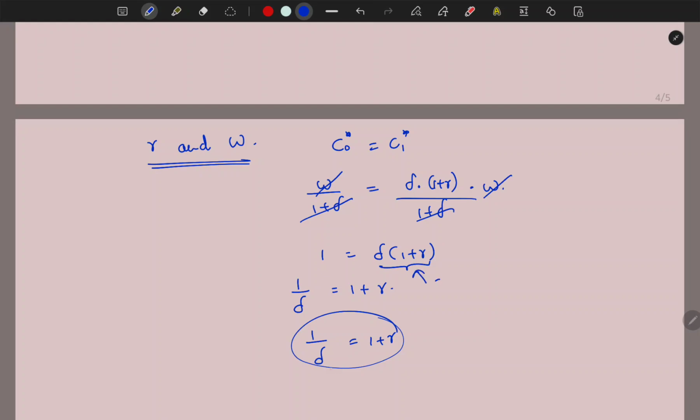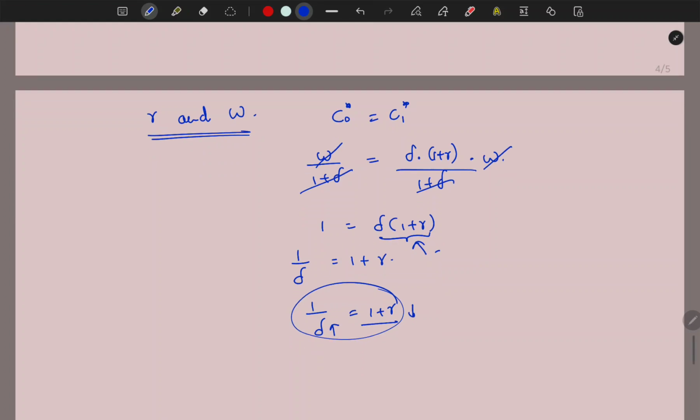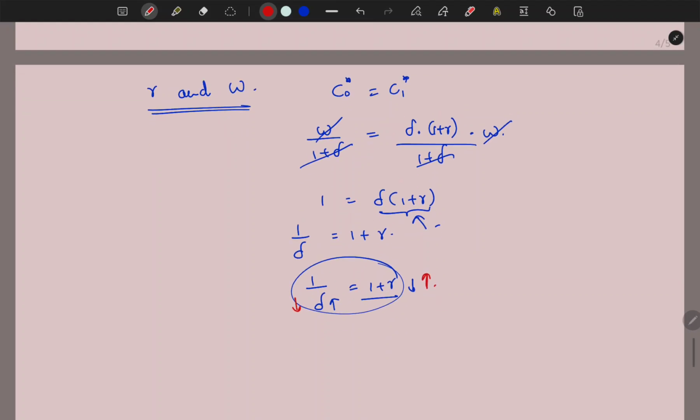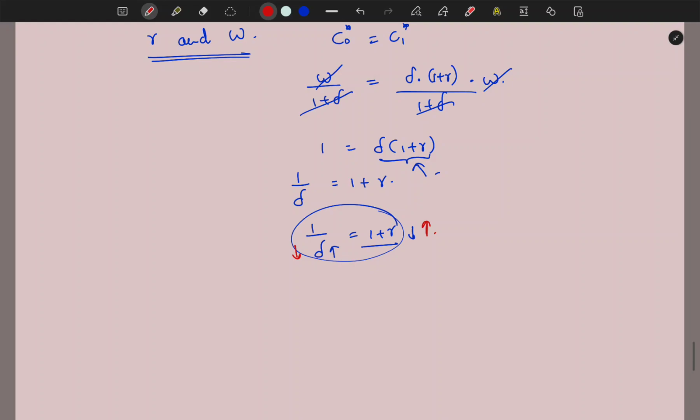If delta decreases, R increases. This is the relation between R and delta, but R and W are independent of each other. So this is the answer. Thank you.